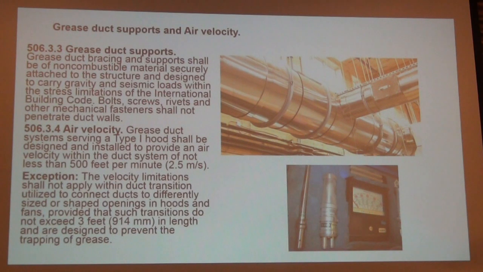Then, seismic we don't worry about, but it has to be non-combustible material. In most hangers, you want to make sure they go right to some sort of structure of the building. It's also the weight of the fire wrap when you do it with black iron. Right, the weight of the fire wrap, you got to add that up.